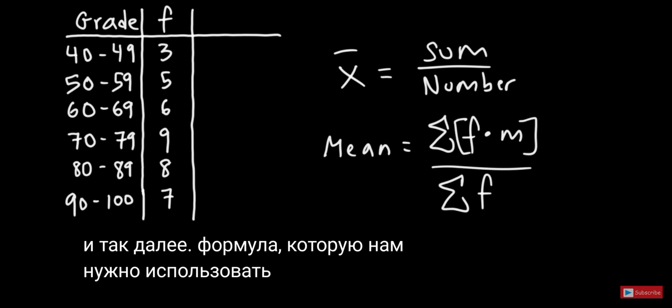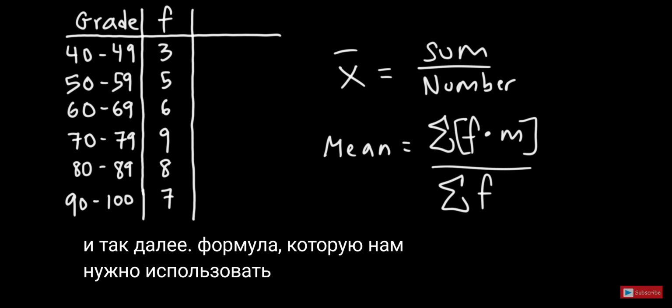So we get 89 divided by 2, which is 44.5. So that's the midpoint for this interval. Now let's do the same for the next one. So the second midpoint is going to be 50 plus 59 divided by 2. And so that's 109 divided by 2, which is 54.5.